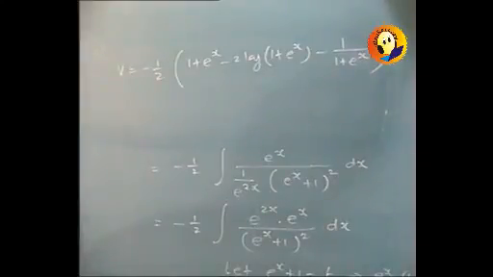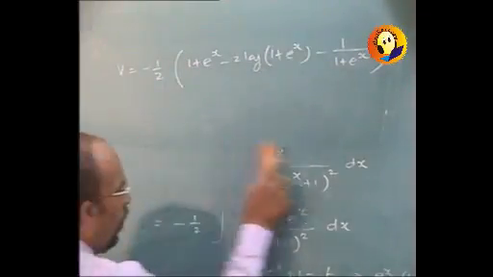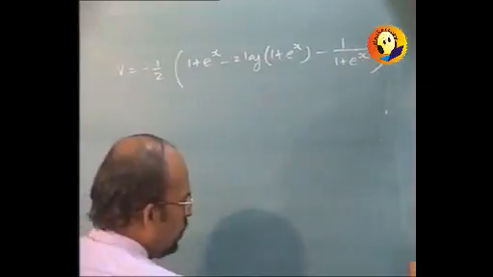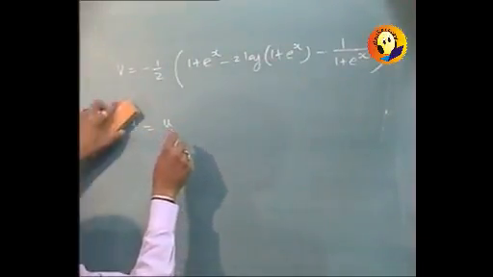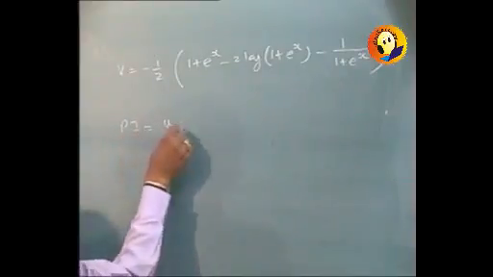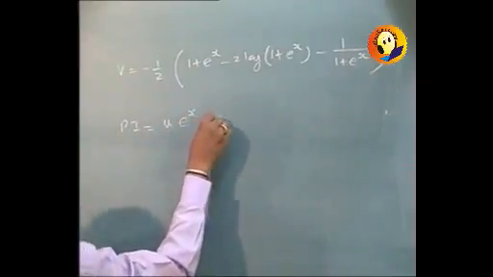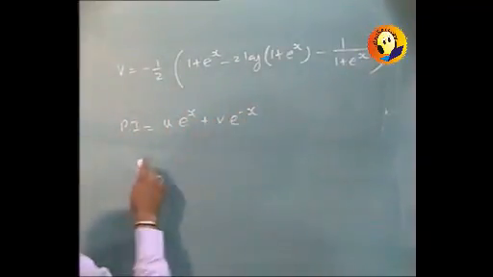We are required to finally substitute it in the given assumption, or the assumption that we have made in equation number 1, which was y is equal to u e raised to x plus v e raised to minus x.